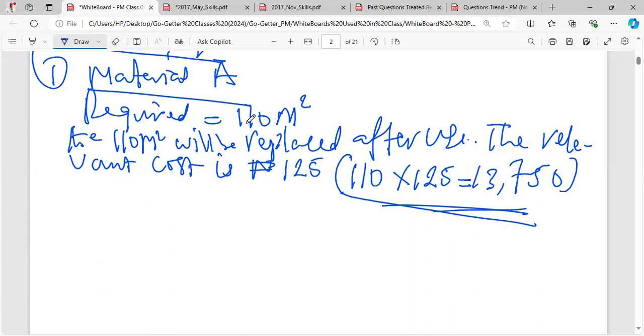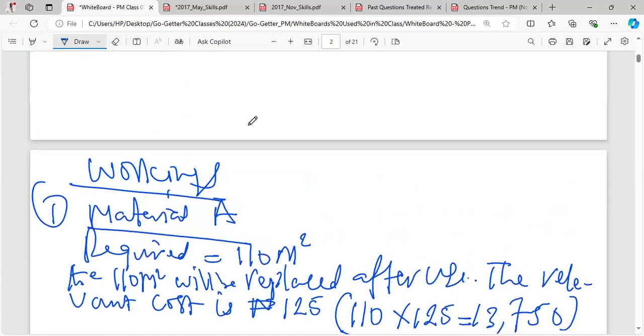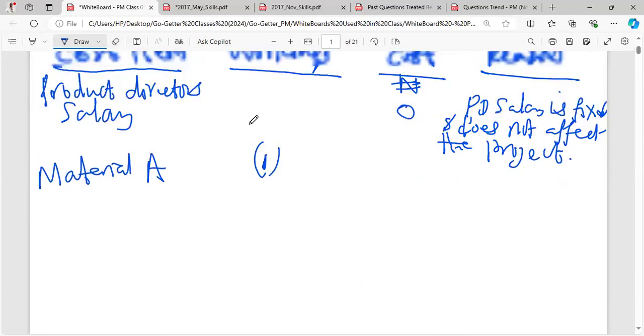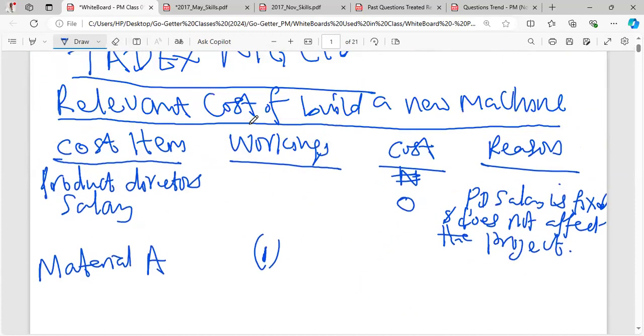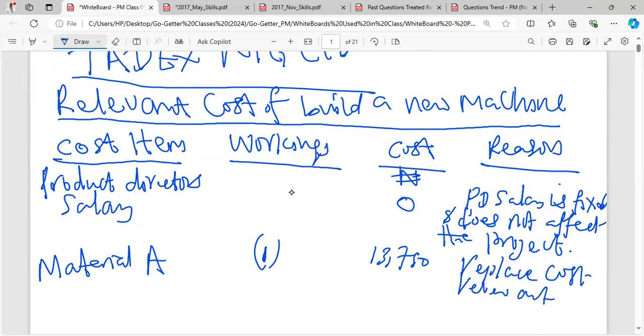Now after doing that, I'm going to go here and put 13,750. Reason: replacement cost relevant. So here, this is not relevant. Replacement cost here is relevant.